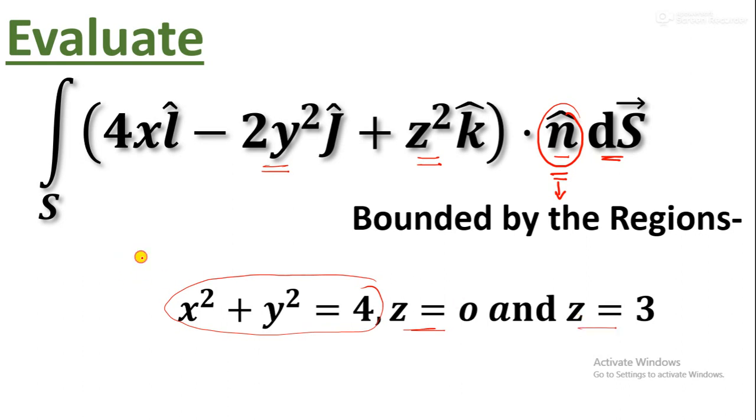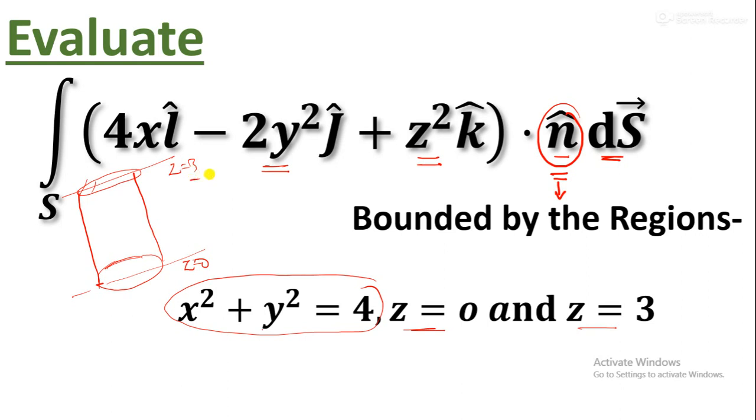If you look at the reason for the bounded regions, you will see that it is a circular plane bounded by z equals 0 to z equals 3. If you elongate the circular plane from z equals 0 to z equals 3, it will be shaped like a cylindrical region.